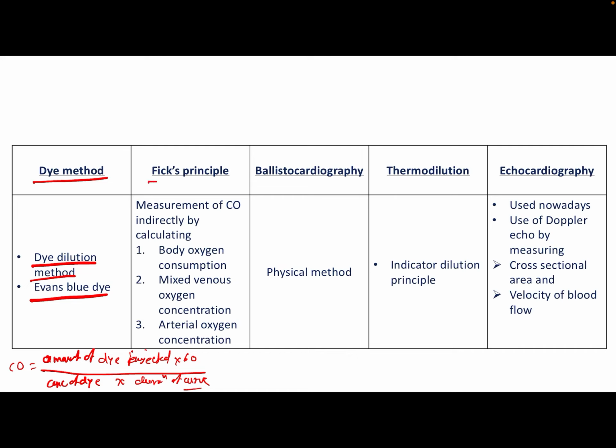Then the next one is the Fick principle. This Fick principle is used for measurement of the cardiac output by an indirect method. The formula used is: cardiac output equals oxygen absorbed by the lungs per minute divided by the arteriovenous oxygen difference.